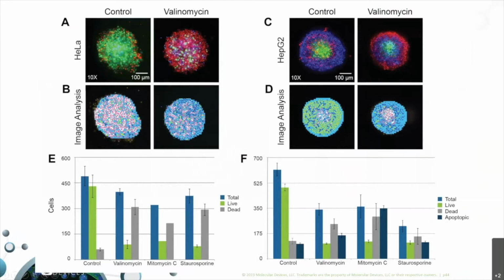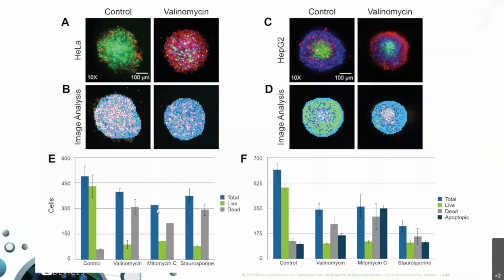And here you can see analysis masks, which represent these changes. In this example, you can see a nuclear stain, ethidium homodimer, and an apoptosis marker. And you can also see quantitation of different cell types using image analysis.